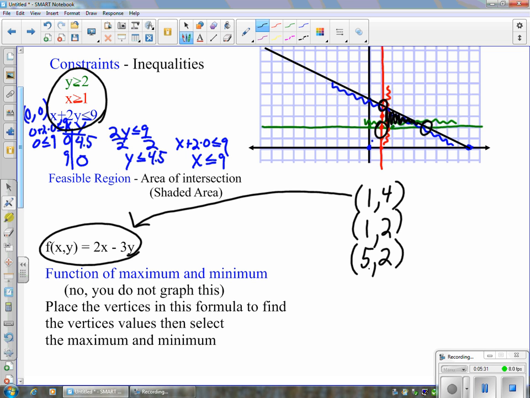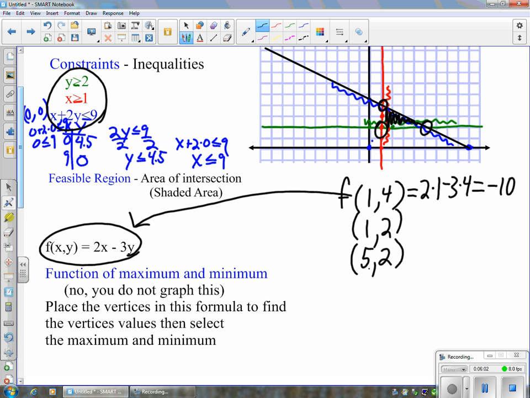To find f of 1, 4, it's going to equal 2 times x is 1 minus 3 times y is 4, and find my value. 2 times 1 is 2 minus 12, that's going to be a negative 10.